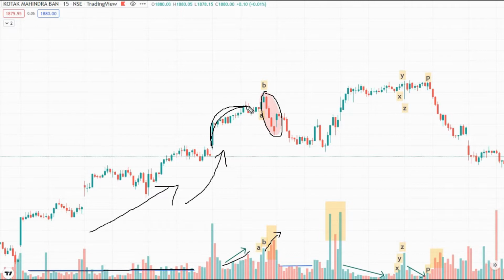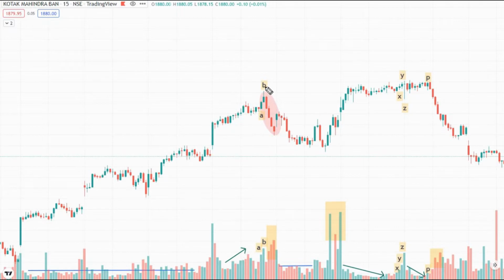So this was already an indication that sellers are coming in the markets at this price area. That's why there was an increase in volume but decrease in price momentum. So sellers are capping the upside movement of the markets.